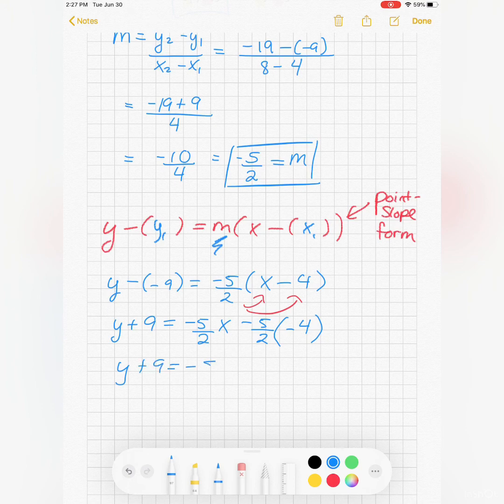So I'll have to multiply those fractions. I guess that's why this one's in here. It's a little bit more algebra to it. Negative and negative is positive. Let me see. 5 halves times 4 over 1. Five times 2, 10.